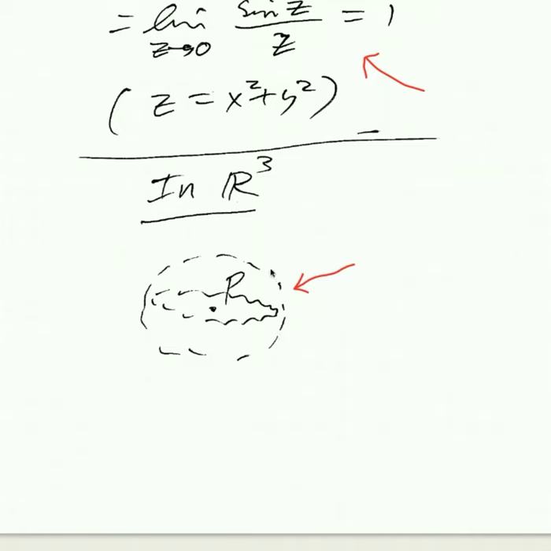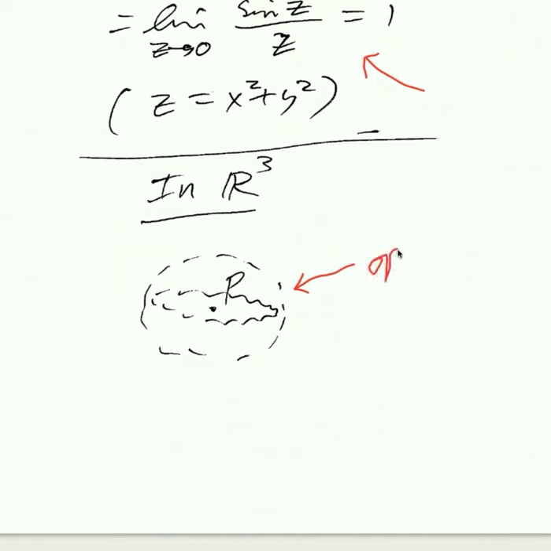The center of the sphere is the point P, but you're including the interior of the sphere, not its boundary. What's inside it, but not its boundary, is what we call an open ball.